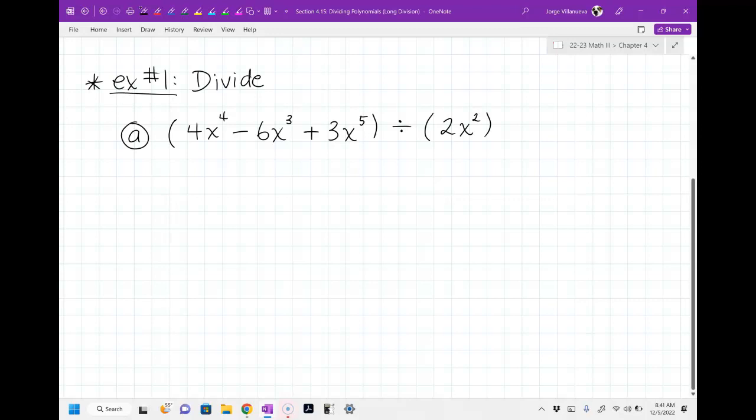Now these are supposed to be the easy ones. This is not long division. But these are supposed to be the easy ones.